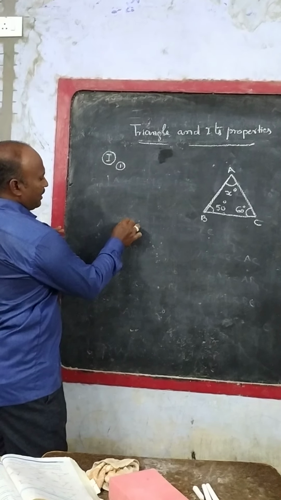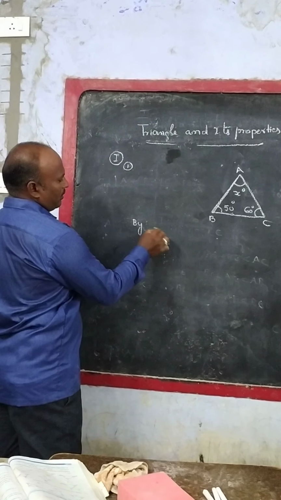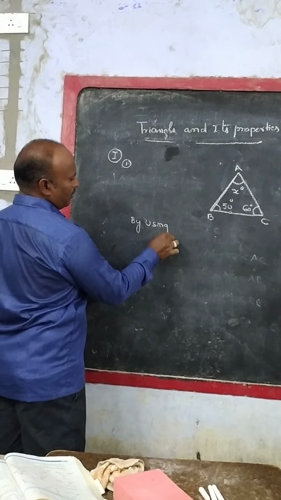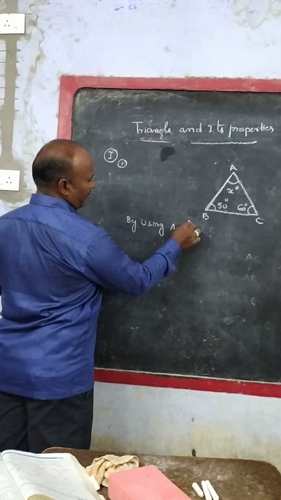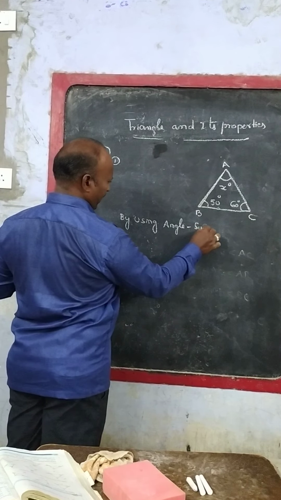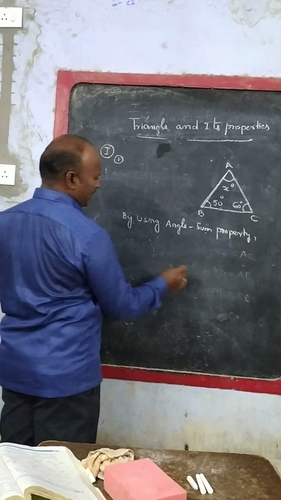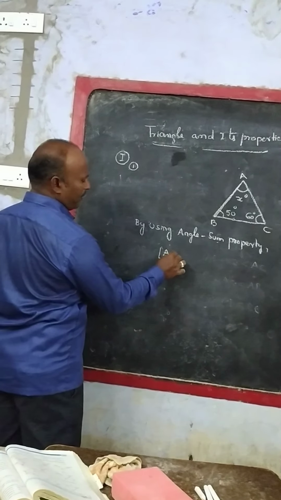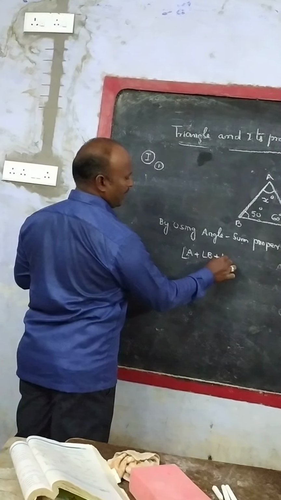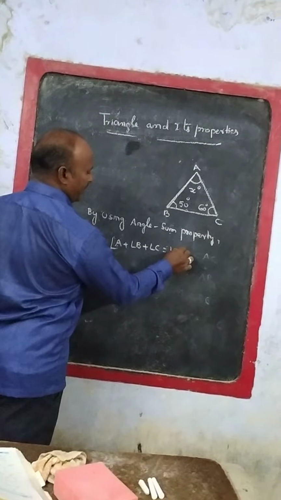By using the angle sum property. Already we know the property, that the sum of three angles, angle A plus angle B plus angle C, is equal to 180 degrees.